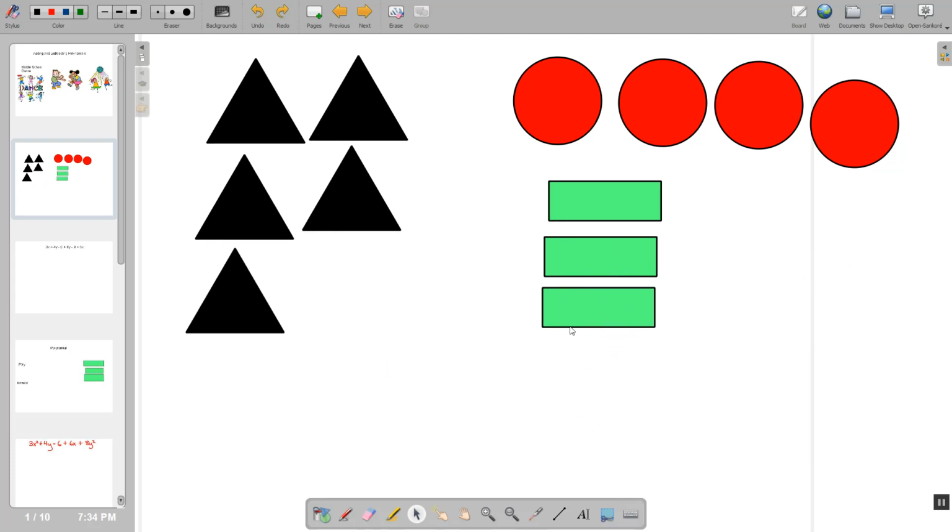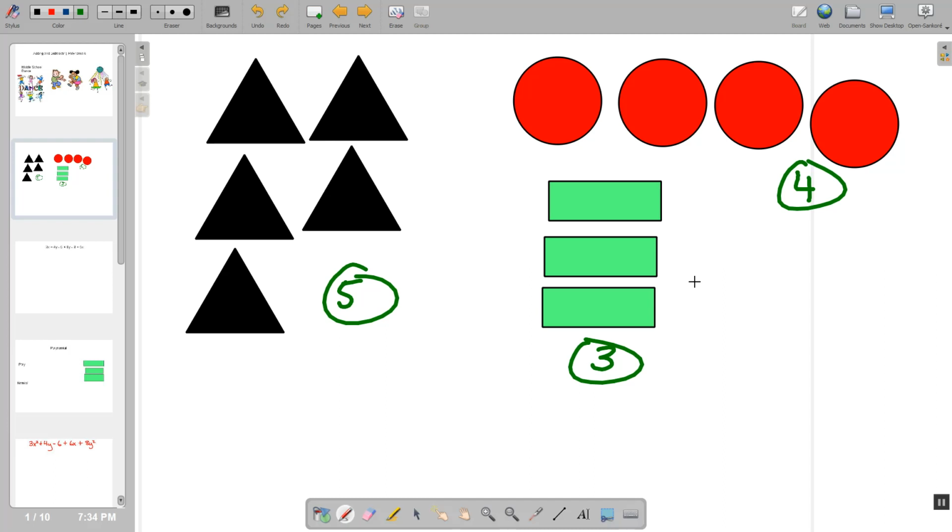And then we have 3 rectangles that we can group and draw together. Now, we would not combine these together, and we have 5 here, 3 here, and 4 here. No one would combine these together and say, we have 12 triangle, rectangle circles. Like, that doesn't make any sense. You would say we have 5 triangles plus 4 circles plus 3 rectangles.